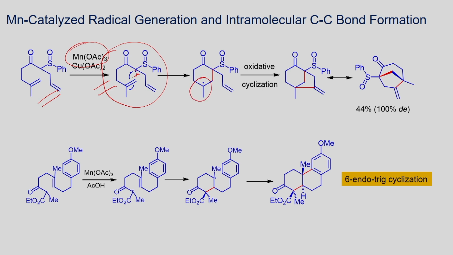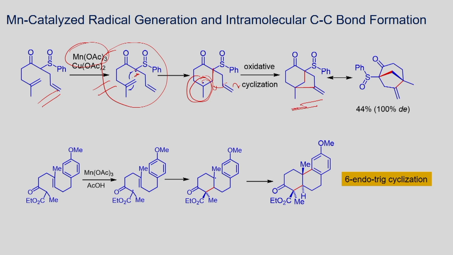What you do here, you form a carbon-carbon bond that results in the formation of a tertiary radical. This radical can undergo further cyclization with this double bond, and you will be able to get this exocyclic alkene as a product.